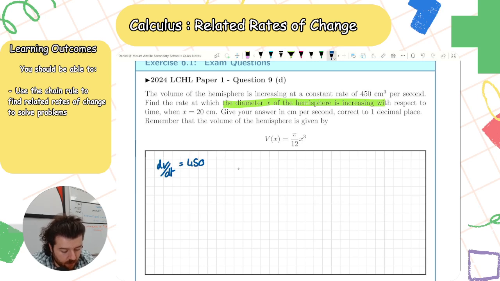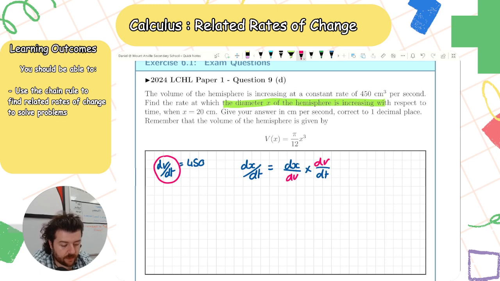So I am looking for dx/dt. I need a dx on top and a dt on bottom. And look here, I have a dV/dt, so that's one of my missing pieces. That means I need a dV down here. So now I need to find something that I can get dx/dV from.